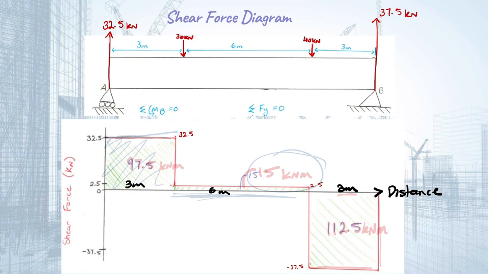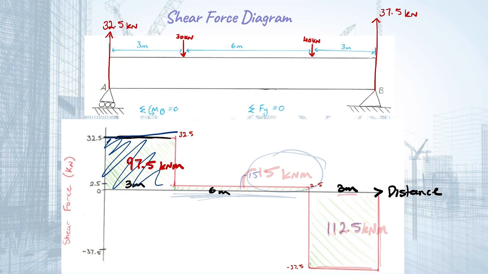All we're going to do is times the height of each of these boxes by the distance, and we essentially want to find the area of the shape created between the line and the x-axis. So this first one is going to be 32.5 times 3 meters, which gives us 97.5, and that'll be in kilonewton meters because we're timesing distance by a force.